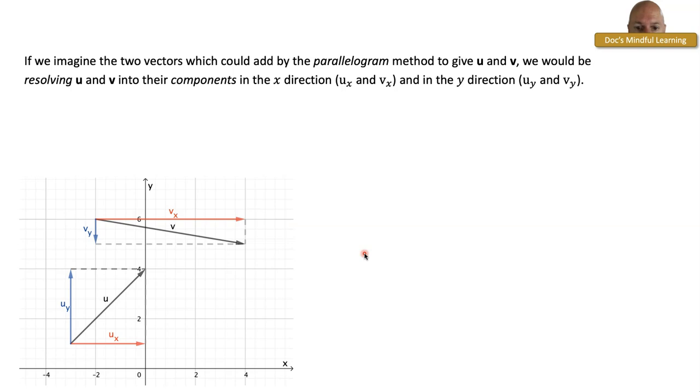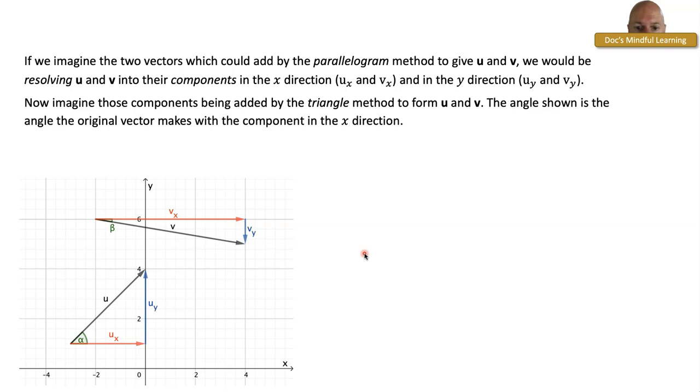So it's nothing new. We're just going to use basic trigonometry to recognize that ux will equal the magnitude of the vector u times cos of alpha, and uy will equal u times sine of alpha, and similarly vx will be the magnitude of v times cos of beta, and vy will be the magnitude of v times sine of beta.